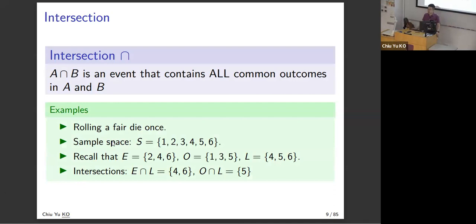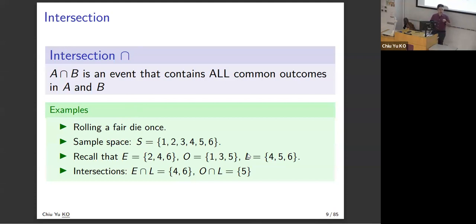So intersect is very simple. It just collects all the common elements, because both have to be true, so the element has to be common. For example, you roll a die. You have the events E and L, which we covered last time. So you want to ask, what is the event E and L?